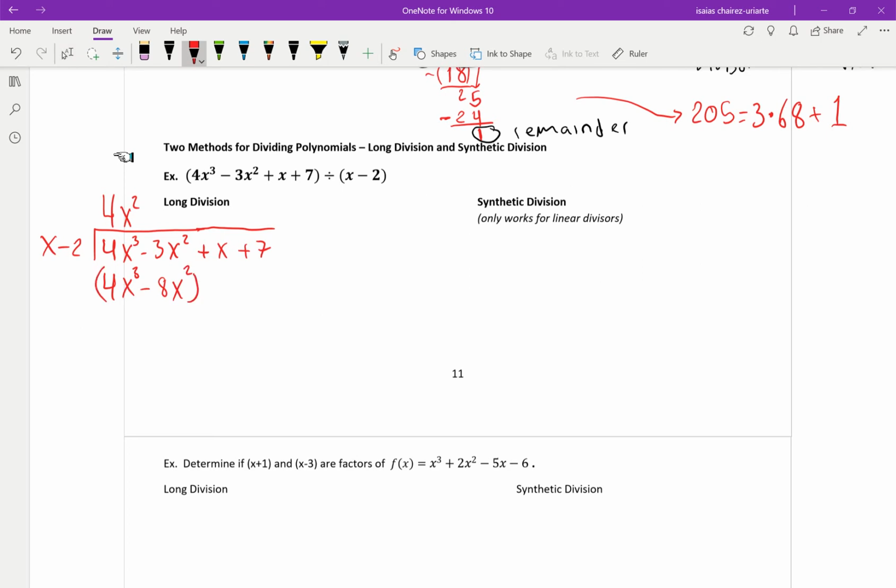And then I'm going to say minus here. All right, so be careful with your signs. Here we're going to subtract this row minus this row, these upper two terms minus these two terms. So 4x to the third minus 4x to the third, well, that's 0. And then negative 3x squared minus negative 8x squared, so negative 3x squared plus 8x squared, that's positive 5x squared. And then I'm going to bring down this x.